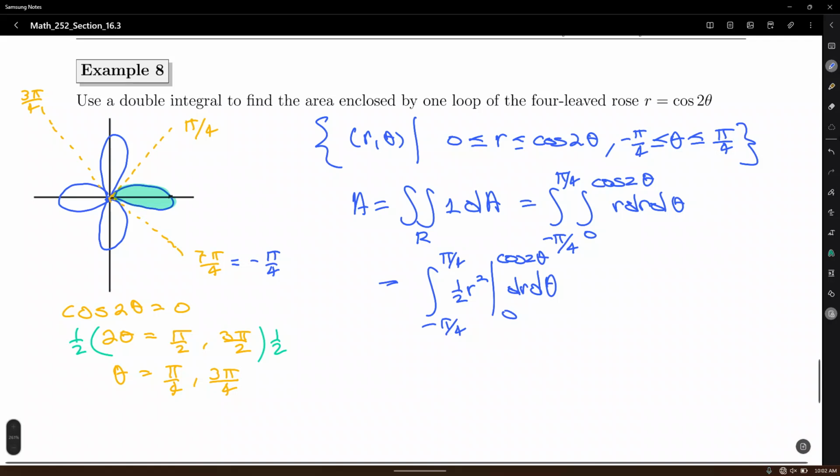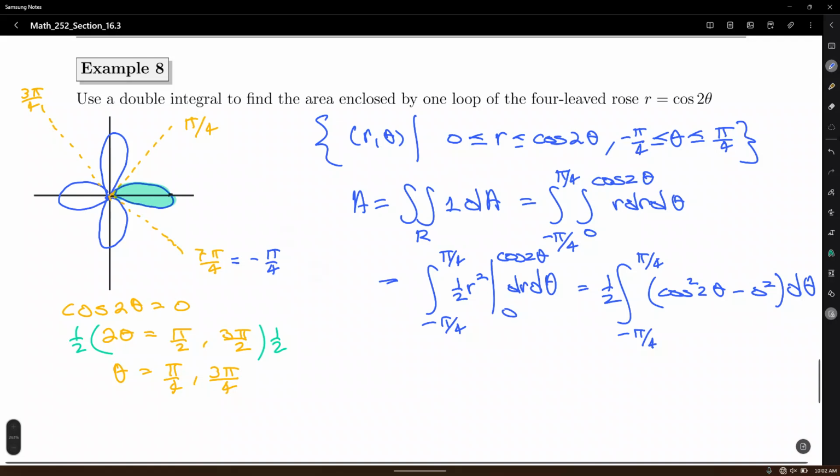Doesn't that look like the formula you learned back in Calculus 2 to find areas of polar curves? 1/2 r squared, the function squared. Again, it's just a result of evaluating a double integral, right? That's the same. Okay, so let me take out the 1/2, integral from negative pi over 4 to pi over 4, cosine squared 2 theta minus 0 squared d theta.